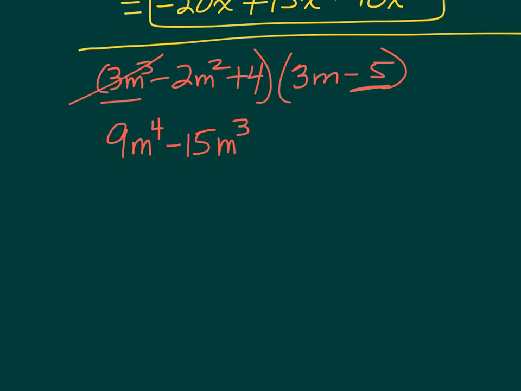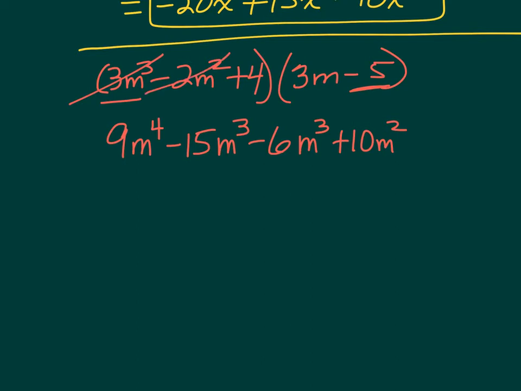Now we'll distribute the negative 2m squared. Negative 2m squared times 3m, let's see, negative 2 times 3 would be negative 6. And an m squared and an m, if I add the exponents, would give me m cubed. And then negative 2m squared times negative 5 would give me positive 10m squared.